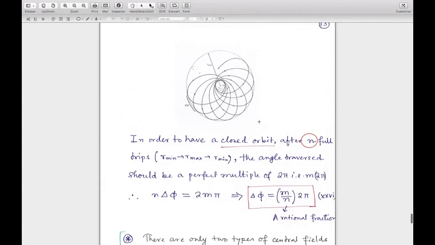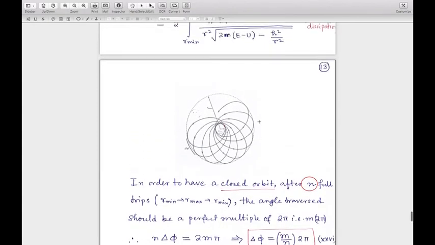Now remember, there can be several examples where basically the 2 pi angle can be subtended at the center, but the one full trip is not yet over. That is also possible, right?